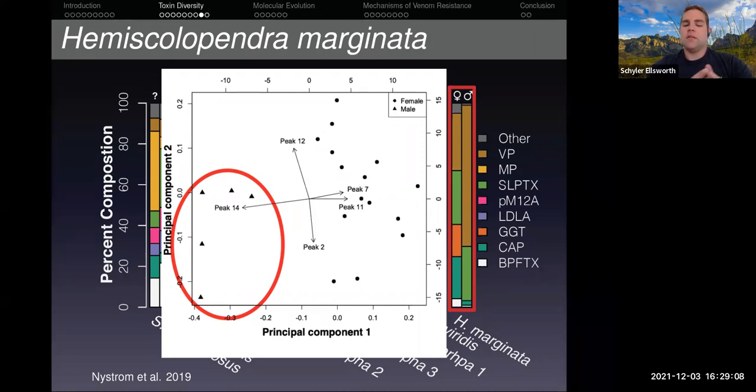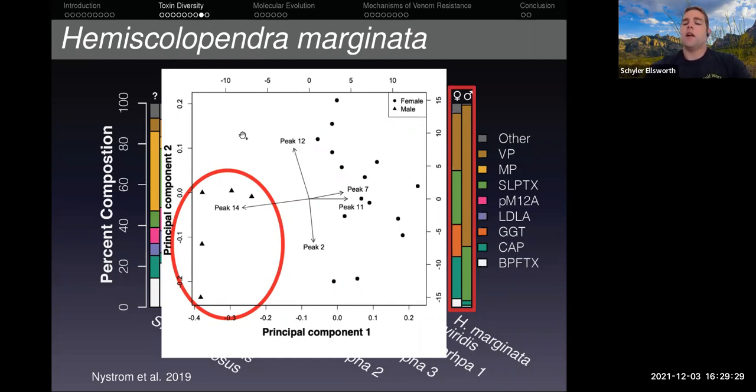And by testing multiple individuals, not just these focal ones, we were able to see that male venoms and female venoms are distinct. Looking at the HPLC and the different peaks that came off of there, we were able to run a principal component analysis that clearly separated our male venoms from our female venoms.